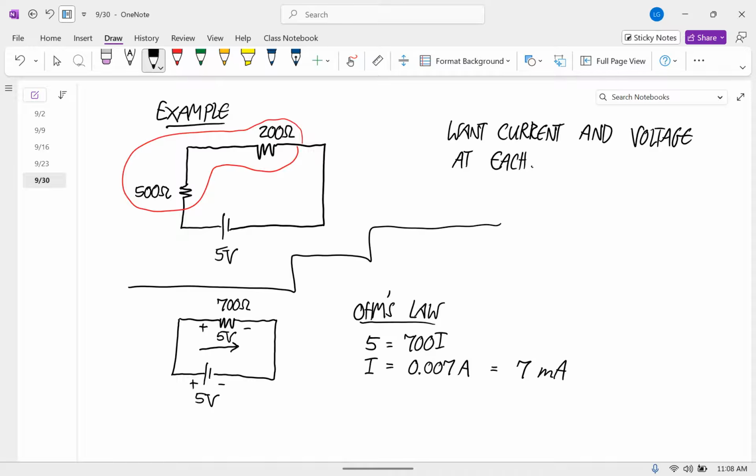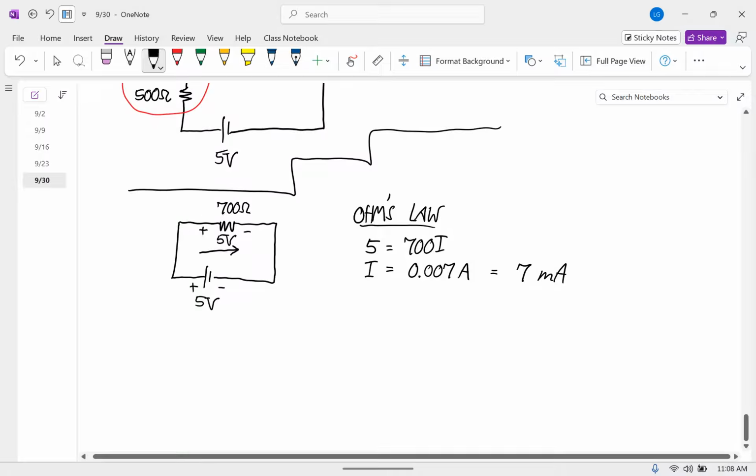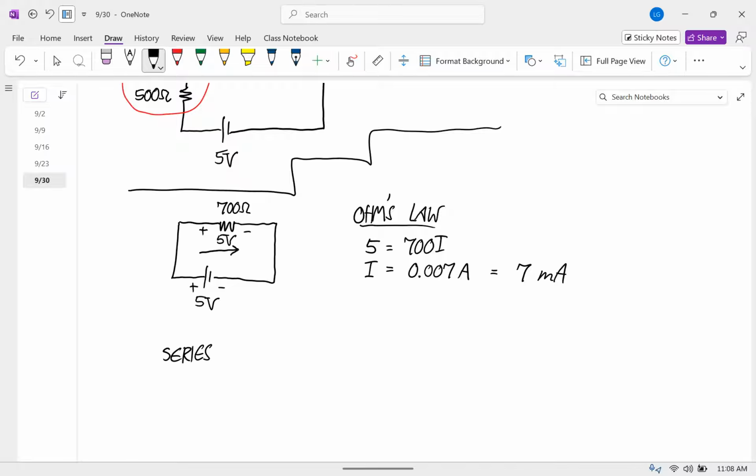Now how can we figure out what's going on for the individual ones? Well, remember that for resistors in series like this, the currents are the same. So they're both equal to just 7 milliamps. I'll write it as 0.007. Okay, so now we can use Ohm's law again.